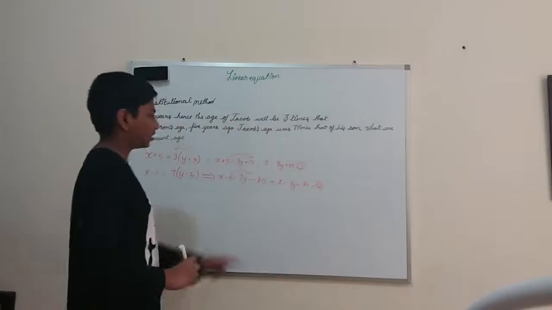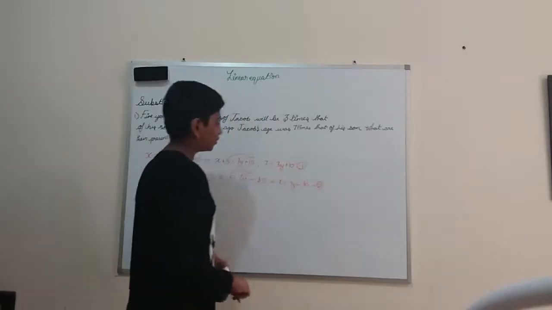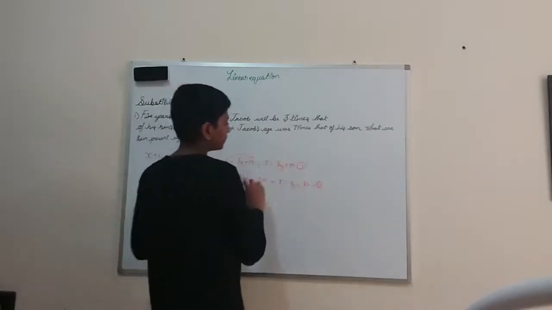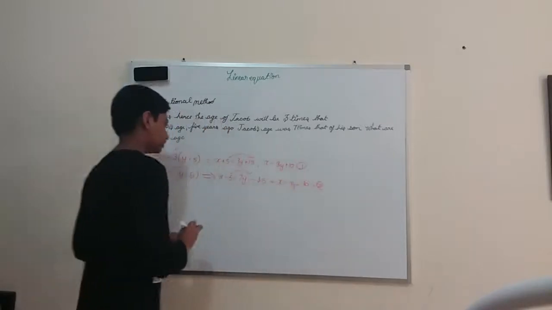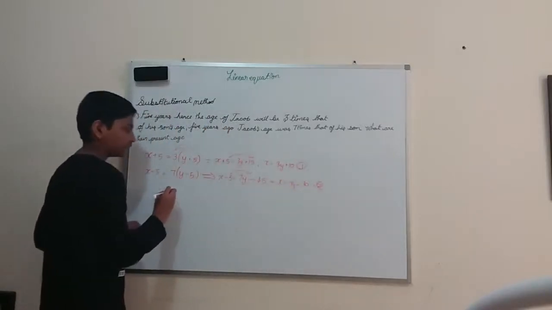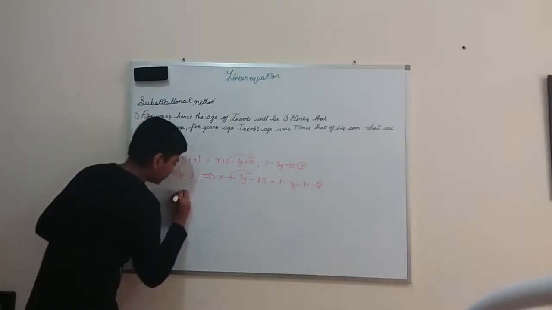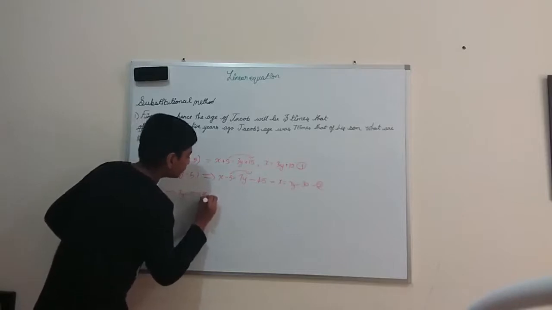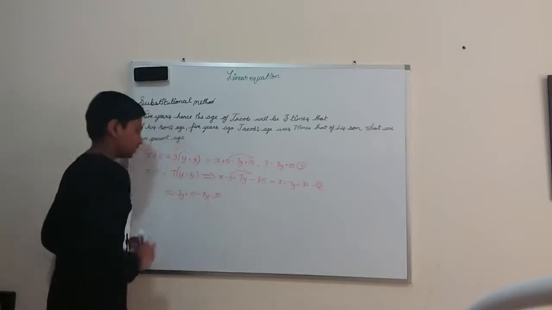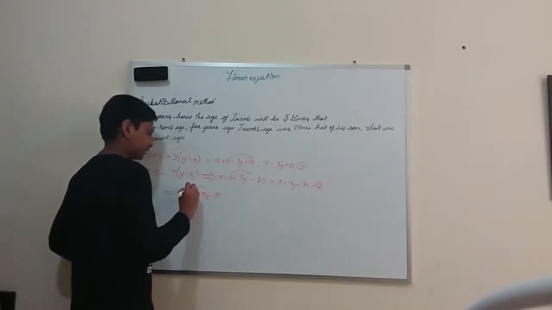Now we will substitute. We got the value of x two times, so we can substitute. I'll take this one because it's smaller, and I'll substitute the value of x over here. So 3y plus 10 should be equal to 7y minus 30. Now I'll transfer this thing over here and that thing over there.